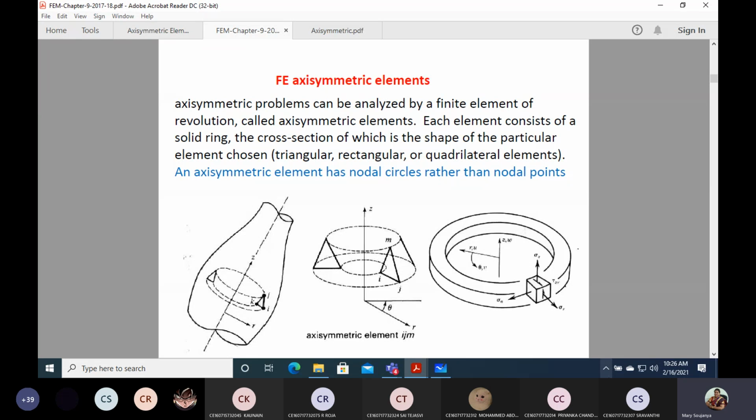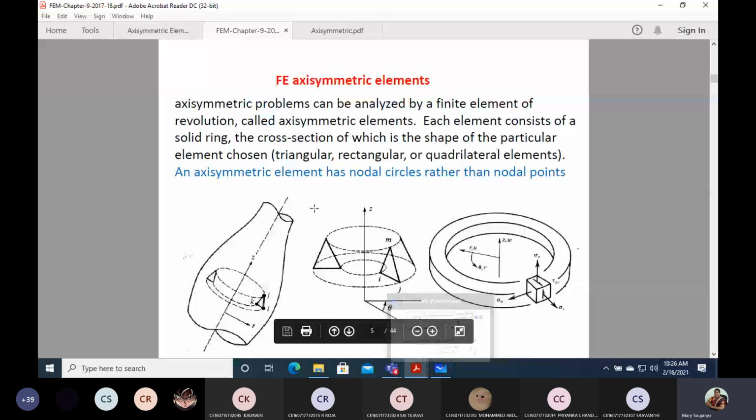That can be a triangular, rectangular or quadrilateral element. For our syllabus, in unit 5, we have the shape functions and elemental stiffness to be derived for a ring element with a triangular cross section. That is what is here in the middle.